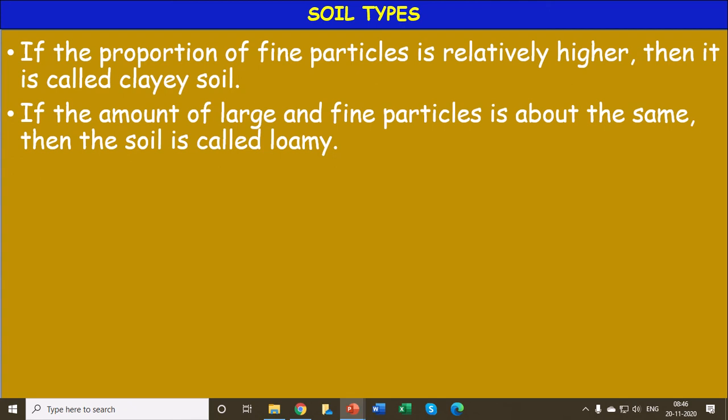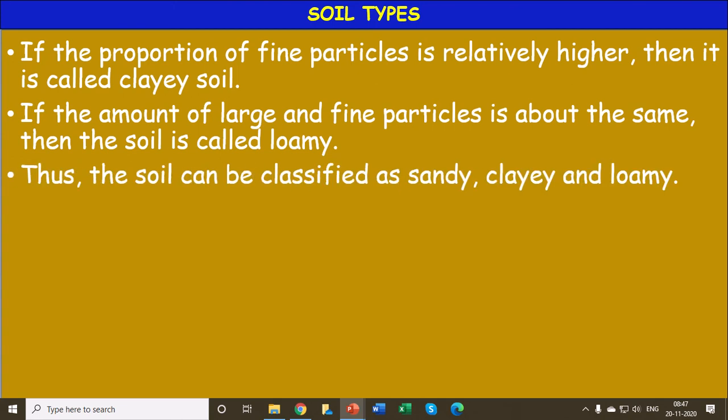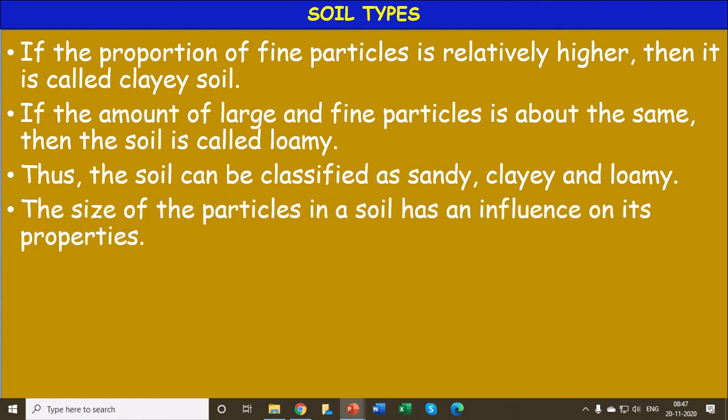This loamy soil is unique for the growth of plants because it is in equilibrium, containing small particles and large particles in equal proportion. Thus, the soil can be classified into three main types: sandy soil, clayey soil, and loamy soil.